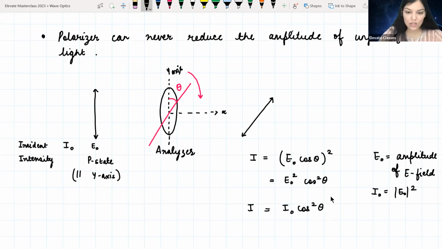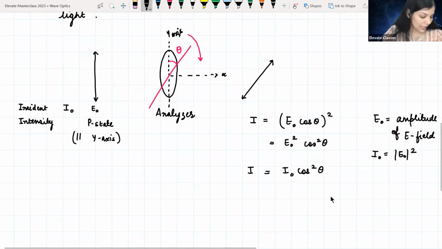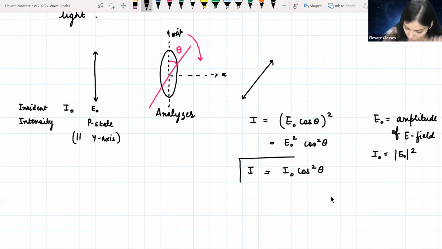So this is the Malus law, and it was discovered in 1809 by Malus. So it's named after the person who discovered it. This is a formula which you should remember. Very easy to remember.